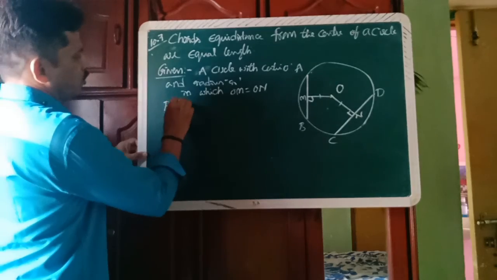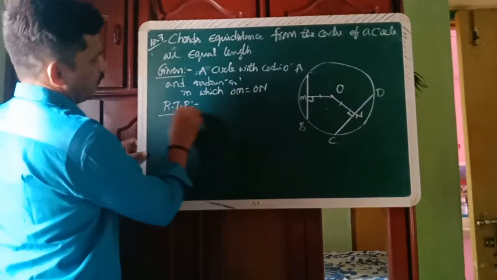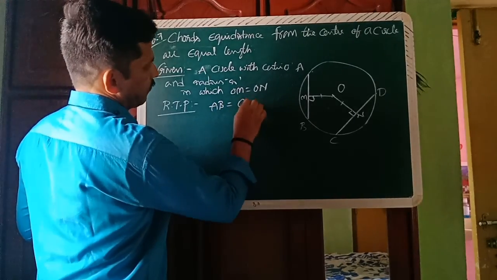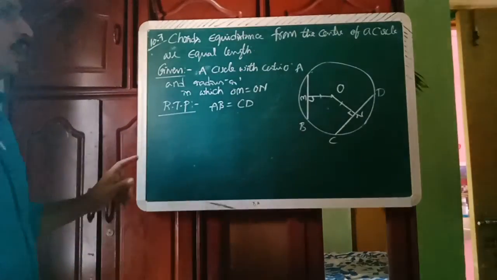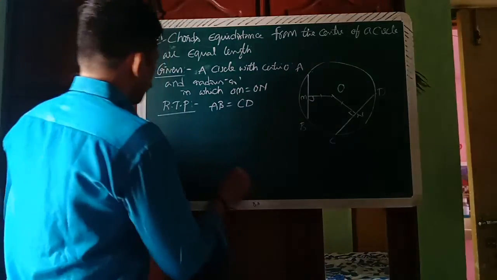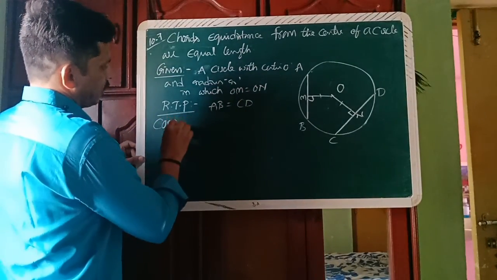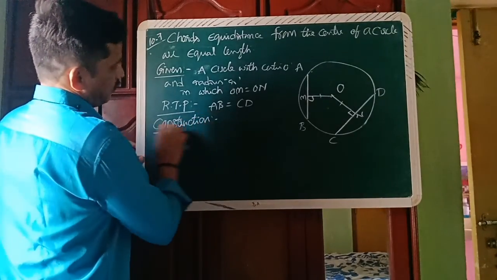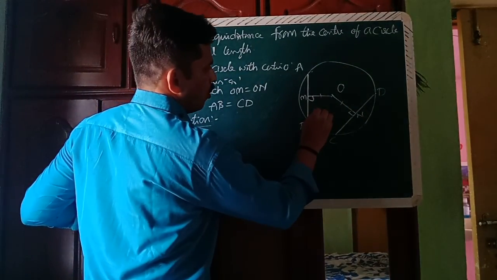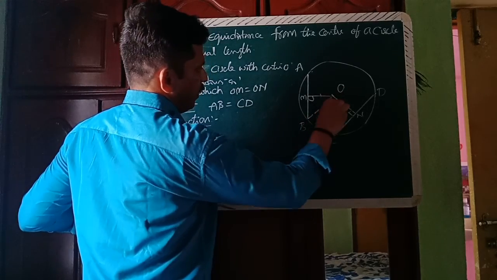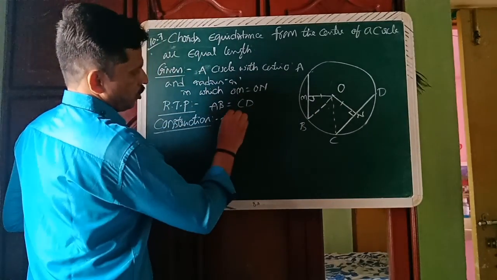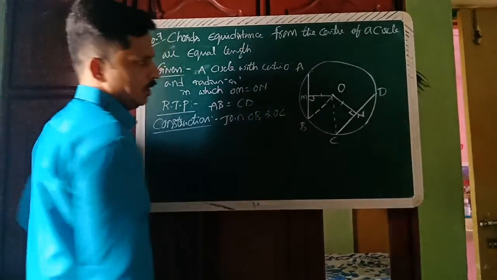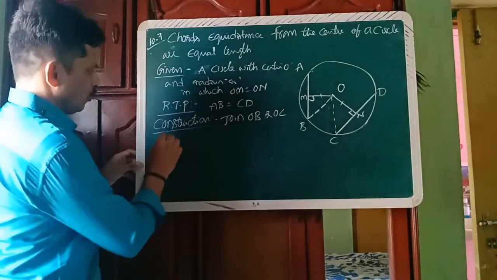What you have to prove, required to prove, is AB is equal to CD. So chords are equal. How to show? For this we need construction. What is the construction? Join OB and OC. Proof.